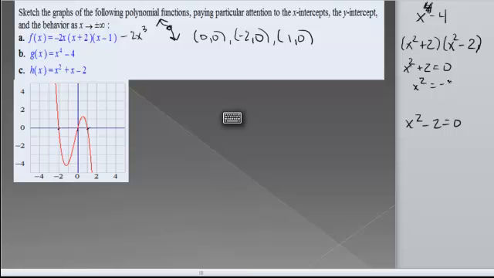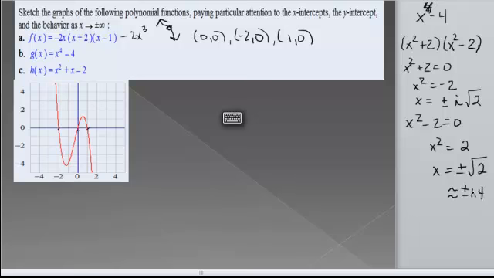So x squared equals -2, which means x equals plus or minus i square root of 2. And this one will have x squared equals 2, which means x equals plus or minus the square root of 2. Now the square root of 2 is approximately 1.4.